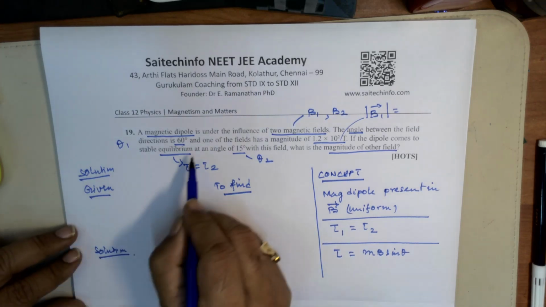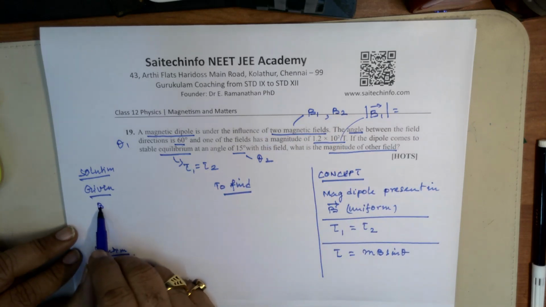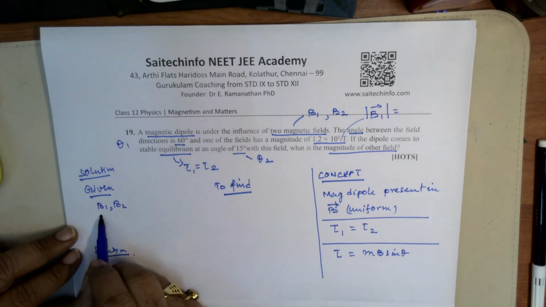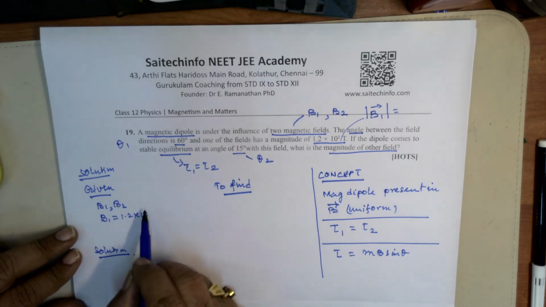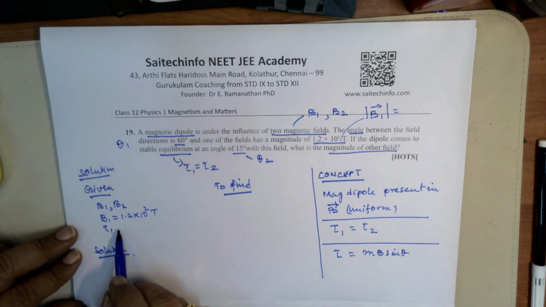For instance, what are given here? B1, B2. There are two fields. One of the fields is given. What is that? 1.2 into 10 power 2 Tesla. And another thing is tau 1 is equal to tau 2. That is the clue given here.